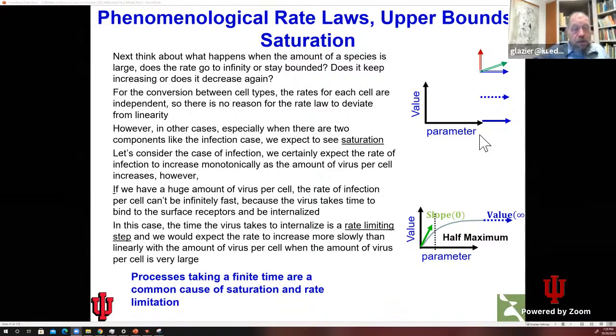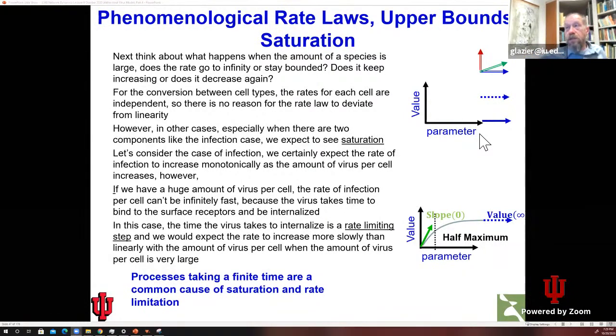On the other hand, if you have some process that's stimulated by a chemical, so for example, the rate of production of T cells as a function of cytokine level, there's some maximum rate at which you can produce T cells. The lymph nodes have a maximal capacity. And so if the cytokine level goes high enough to give you the maximal capacity, increasing the cytokine level more won't increase the rate at which you produce T cells because it's saturated.